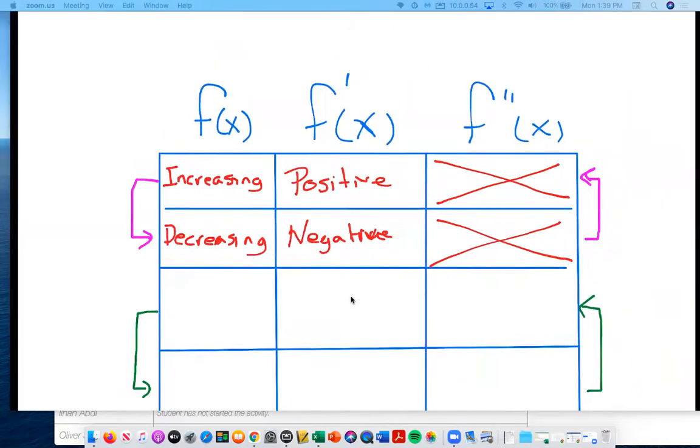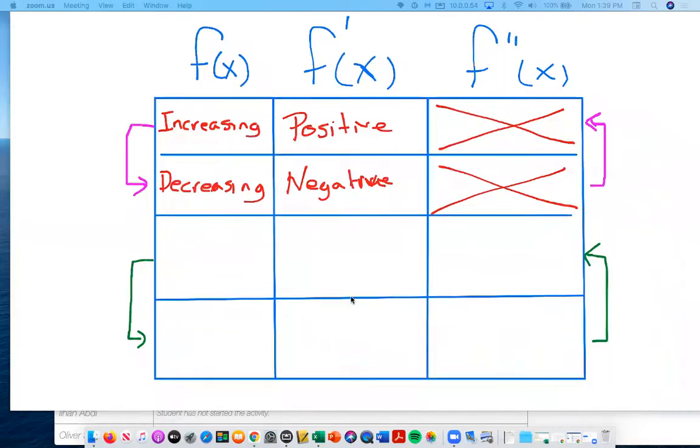Now, on these arrows, if you think about a graph going from increasing and then to decreasing. So if you think about a function f going from an increasing function to a decreasing function, hopefully you kind of picture in your head a peak. And so that's where you get a relative maximum on the function f.